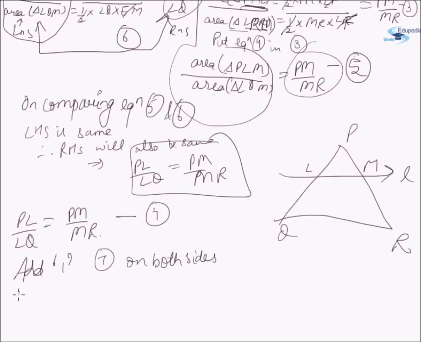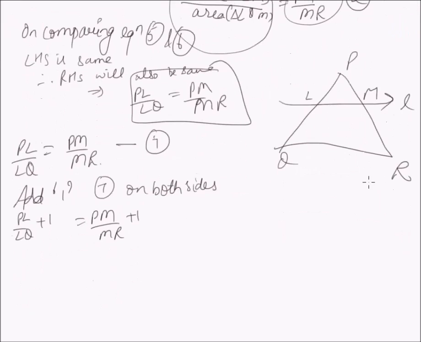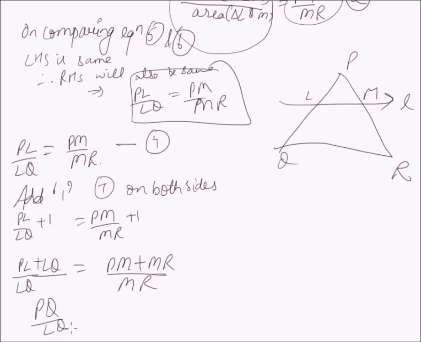Then we will get PL over LQ plus 1 is equal to PM over MR plus 1. On taking LCM, we get PL plus LQ over LQ is equal to PM plus MR over MR. Thus PL plus LQ, which is the complete side PQ, over LQ, and PM plus MR is the complete side PR over MR.